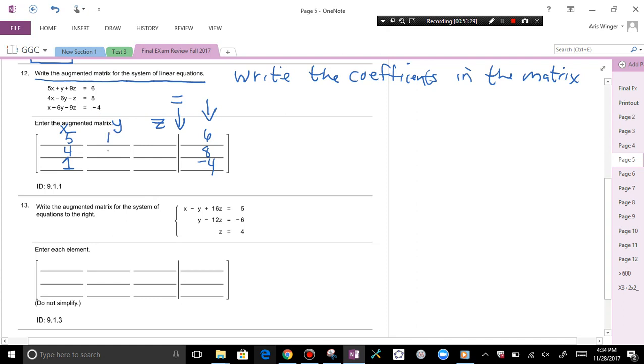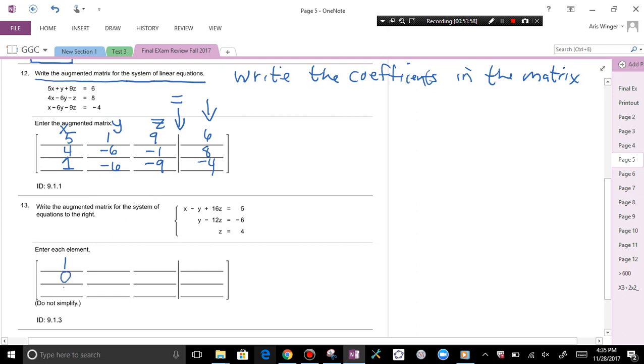One. What is it? 6. No. Negative. -6. 9. Negative 1. -1. Negative 9. -9. This one? 1. Would it be 0?